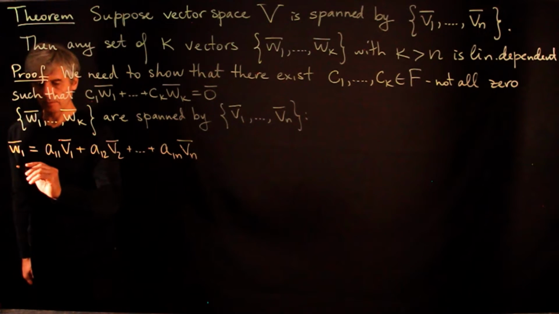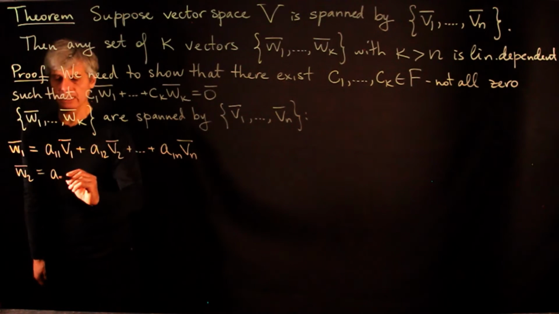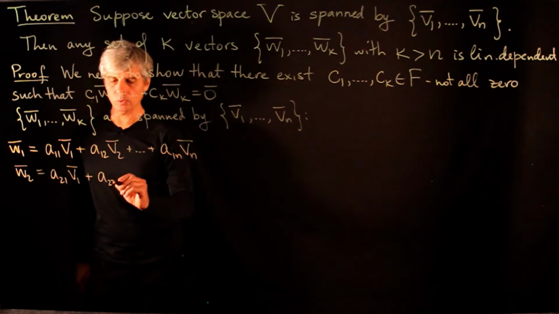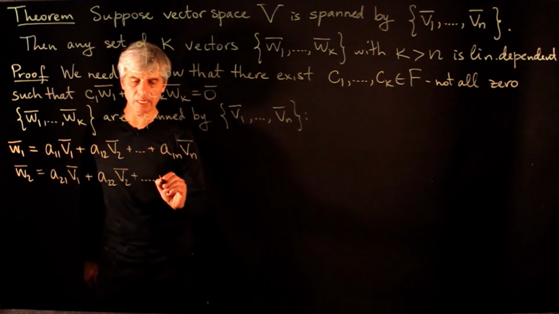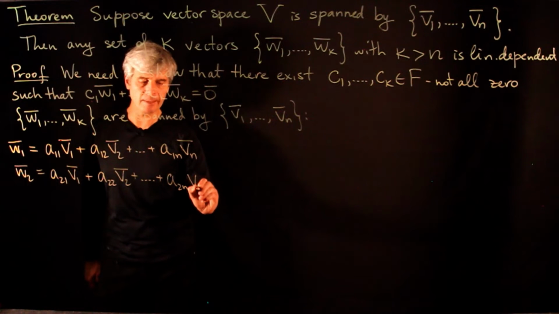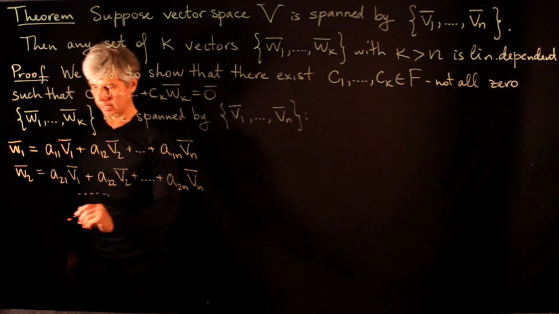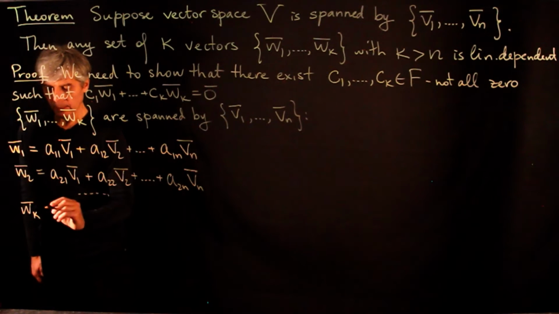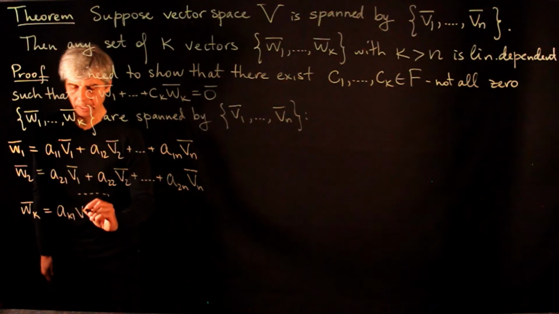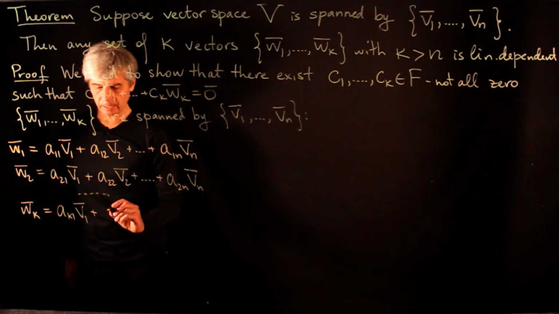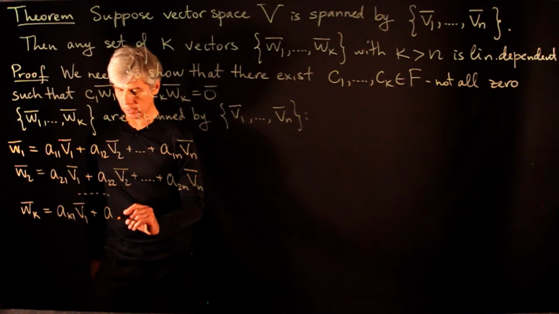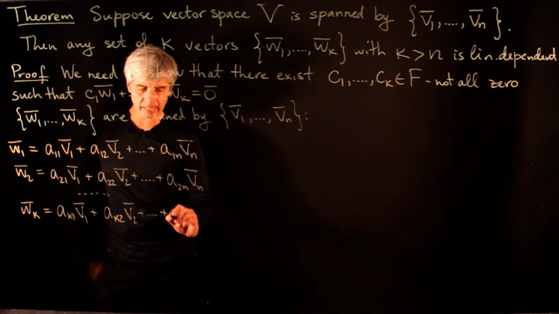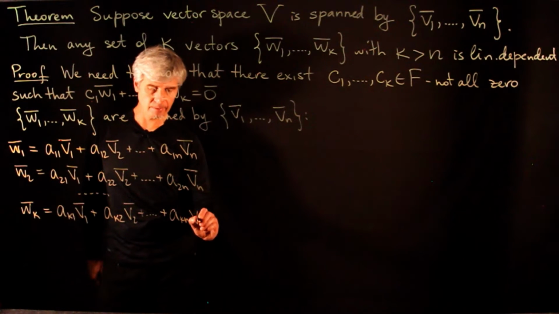Then w2 can be written as a21 v1 plus a22 v2 plus ... plus a2n vn. And lastly, wk can be written as ak1 v1 plus ak2 v2 plus ... plus akn vn.